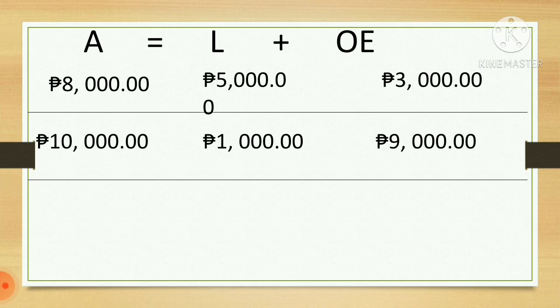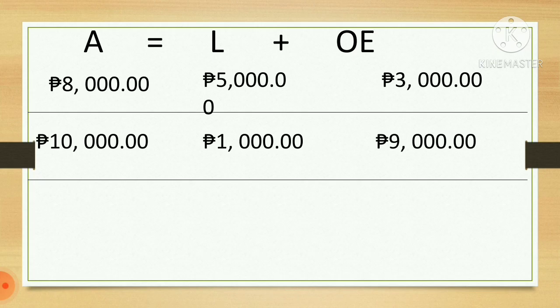Asset equals liabilities plus owner's equity. So liability of 1,000 plus owner's equity of 9,000, is it equal to the asset of 10,000? Yes, they're equal. So you have to take note that the value on the left side of the equal sign, which is the asset, and the value on the right side, which is the liabilities and the owner's equity, should be balanced, should be equal.